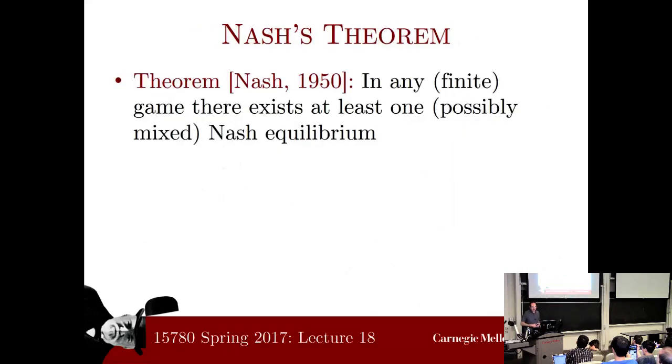But the beautiful thing about what Nash was able to establish is that it's not only relevant to rock, paper, scissors. Like I said before, this is the last relaxation that we actually have to do. What he showed is that in any finite game where the strategy space is finite, there are many variants of this, but we're sticking to finite games, there exists at least one, possibly mixed, Nash equilibrium. So if you allow mixed strategies, there's always going to be a Nash equilibrium in every possible game.